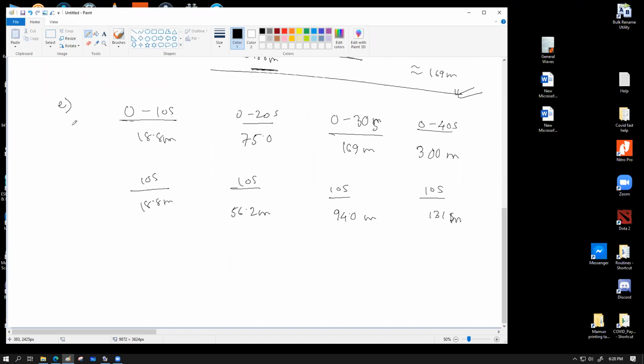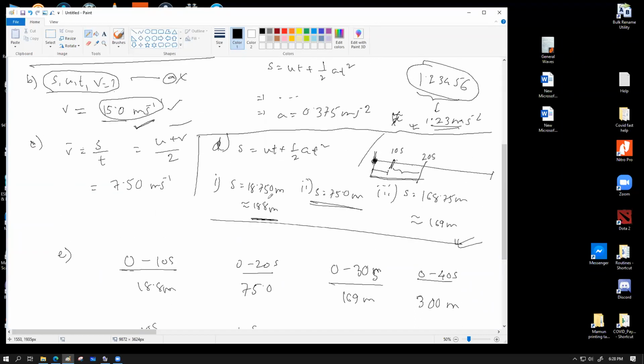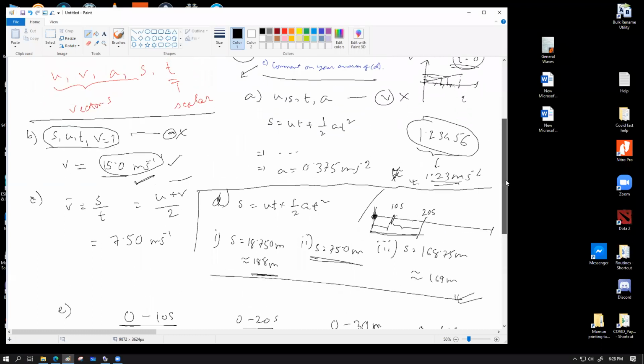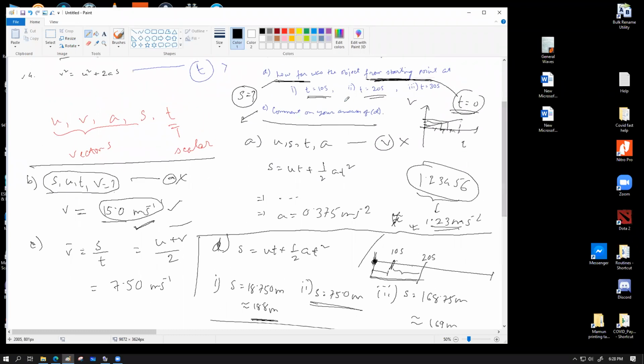If I want to make a comment for this question, what I would appreciate you writing is that the object covers, I mean, have a look. The question is already giving you the segregation of these time instances. The question is asking you to calculate the individual distance covered for some very uniform time intervals. You see 10 second, 20 second, 30 second.